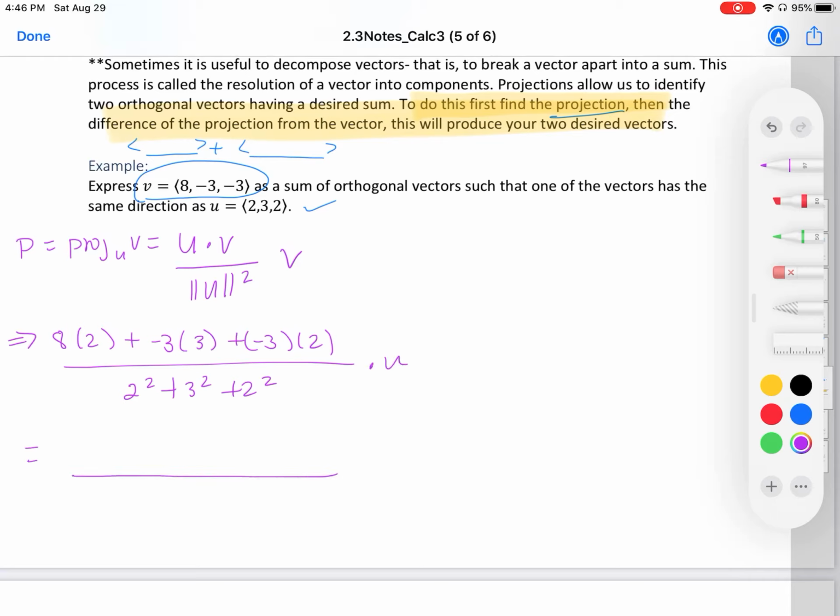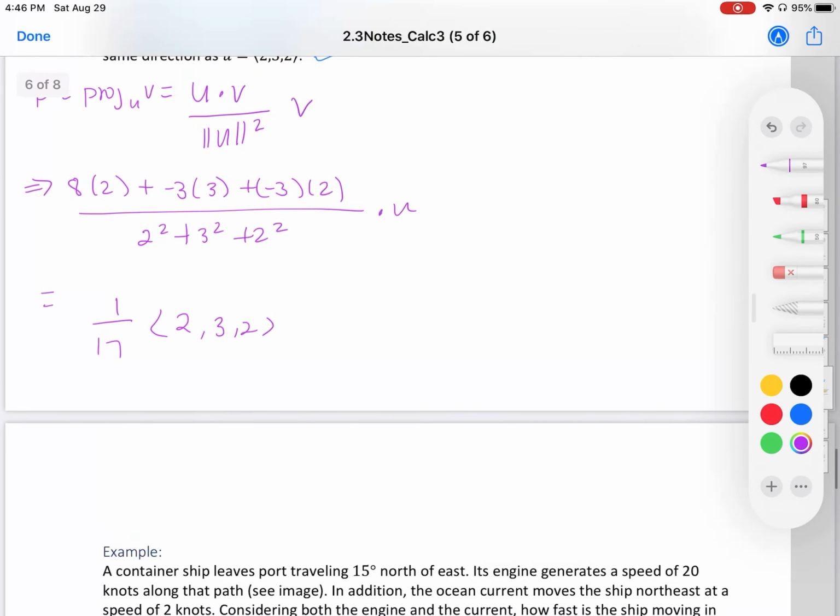This gives us 1/17, and then our vector u is 2, 3, 2. So our new vector P is equal to 2/17, 3/17, and 2/17.